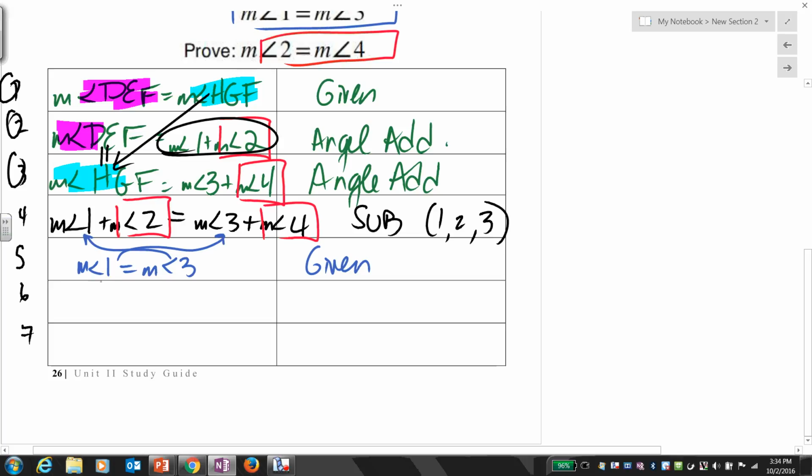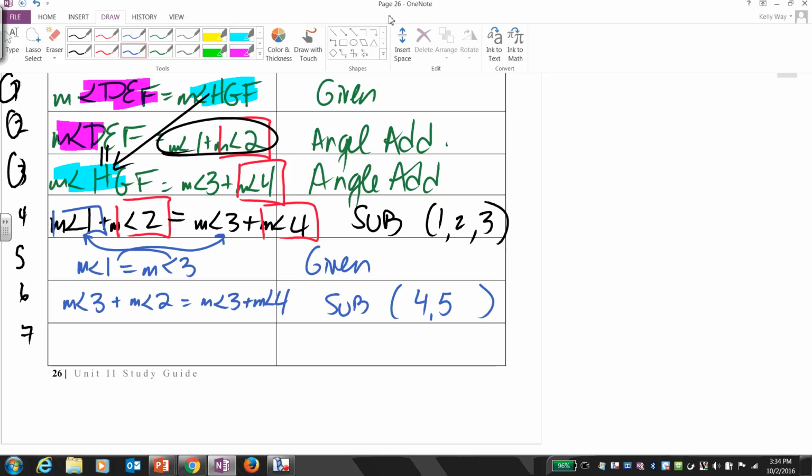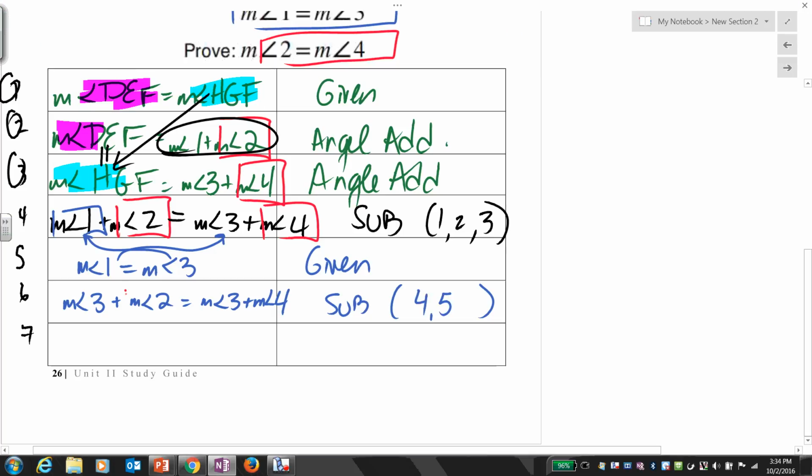I'm going to swap out: measure angle 3 plus measure angle 2 equals measure angle 3 plus measure angle 4. I took out angle 1 and replaced it with angle 3. That's called substitution. I use lines 4 and 5 to do that. Keep track of your targets.